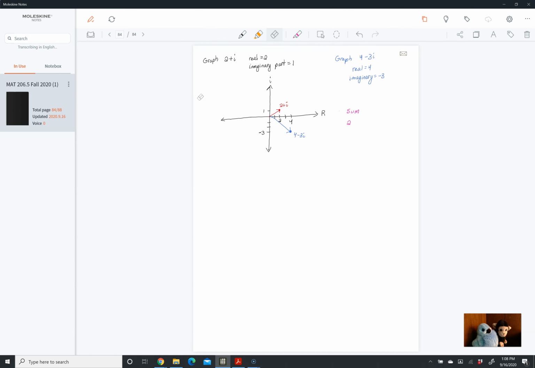so if we do 2 plus i and 4 minus 3i, and we add them, this is going to give us 6 minus 2i. Okay, now why is this relevant? Well, let's plot that coordinate. So we're going over 6 on the real, and we're going down 2 on the imaginary.